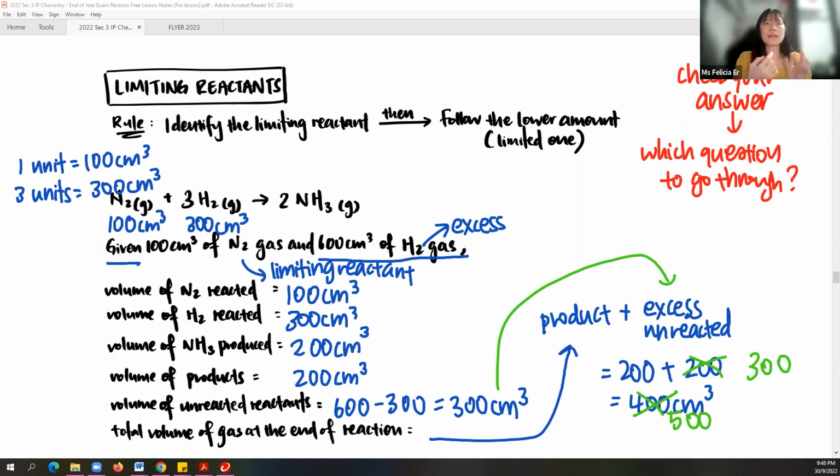Percentage yield is like, maybe when I do the experiment, I can only get 50 grams, but when I do the mole calculation, I should be getting 100 grams. That means what you do in your experiment is not very efficient. So my experiment is only 50% efficient. So that is called percentage yield. So Prasanna can understand?